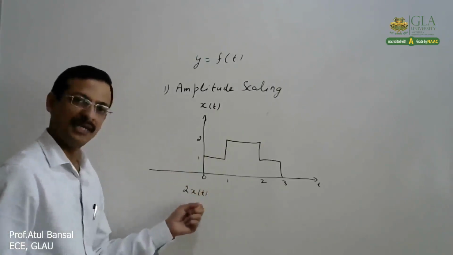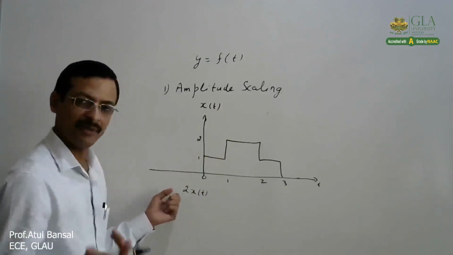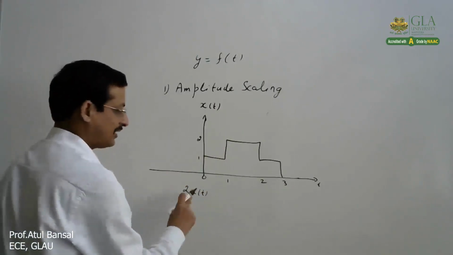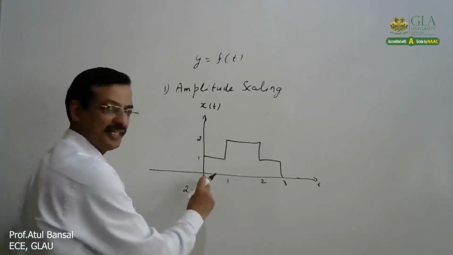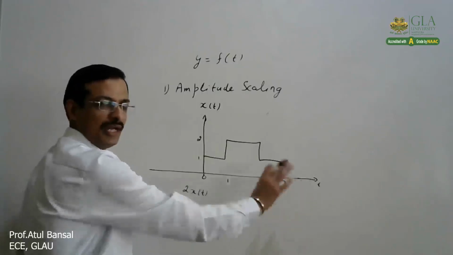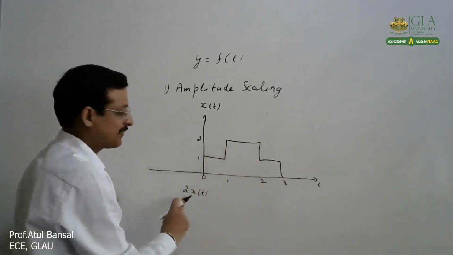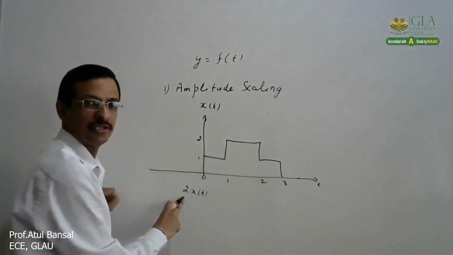That is, we multiply this signal by some constant. That constant may be greater than 1, may be less than 1. So what will happen is that at every instant of time, whether it is 0, 0.5, 1, 1.2, 1.5, 2, or any instant, whatsoever is the magnitude, it will get multiplied by this constant 2.